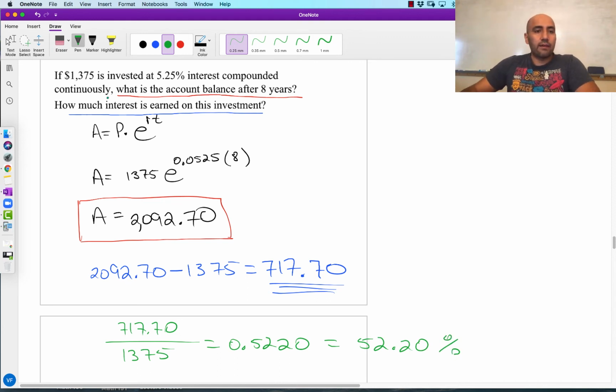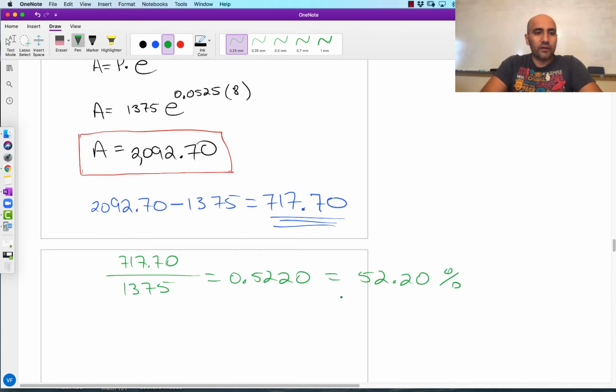So looks like based on our initial investment, the initial investment has grown by 52.20% in 8 years. In 8 years, we have seen just a little over 50% return on our initial investment. All right, let's move on.